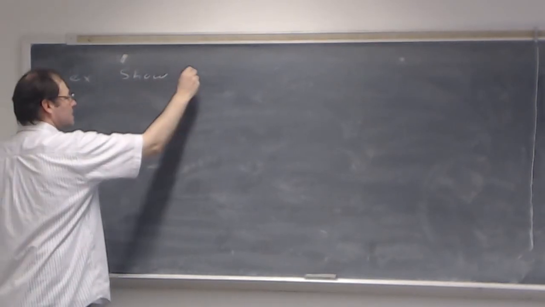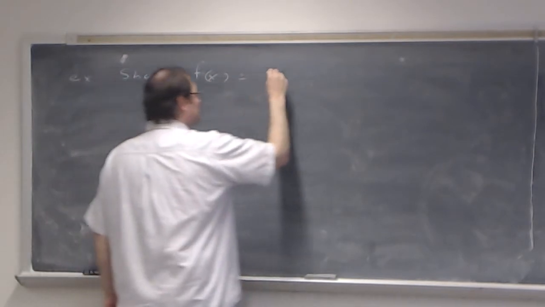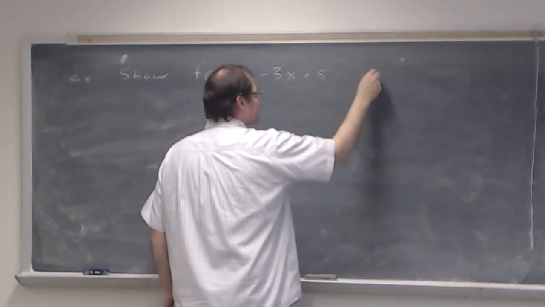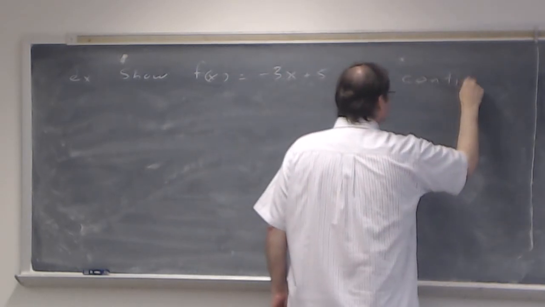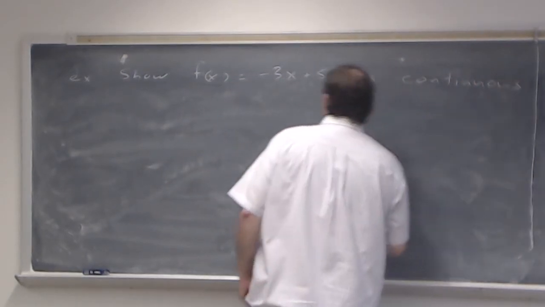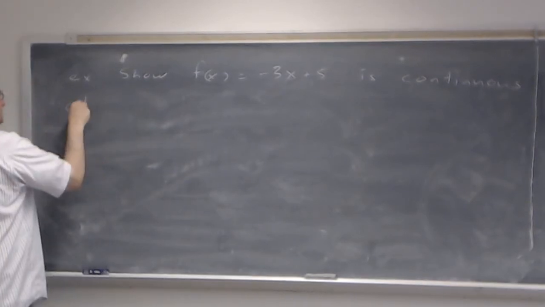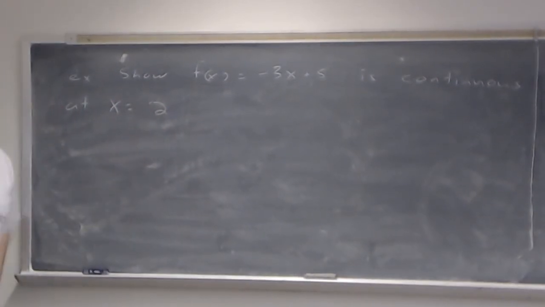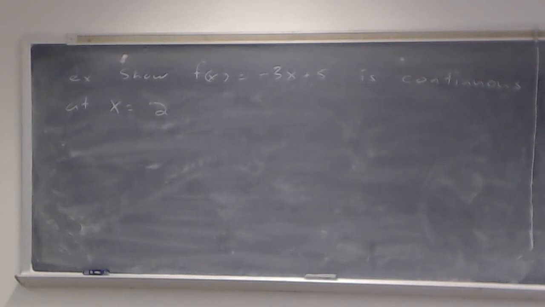Show, let's say, f of x equal to minus 3x plus 5 is continuous at, let's say, x equal to 2. So my c in this problem is 2. My f of x is minus 3x plus 5.